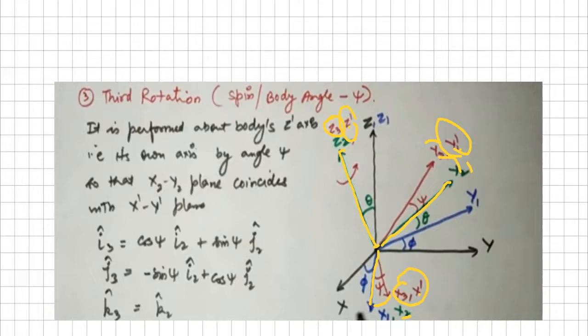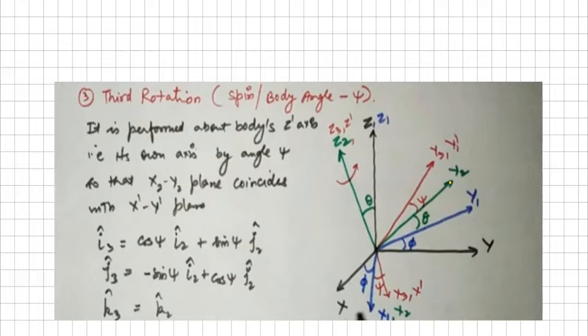What are these x dash, y dash, z dash? This was the body axis. We have aligned. Finally, we have reached our destination. We started from these black lines, the x-axis, y-axis, and z-axis.